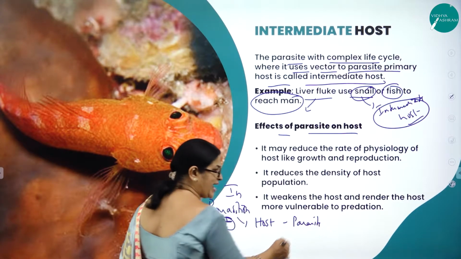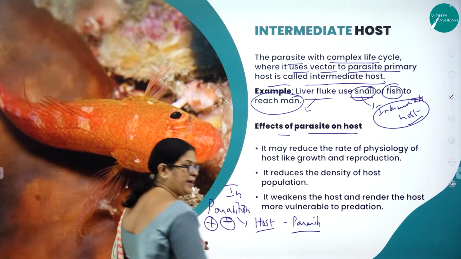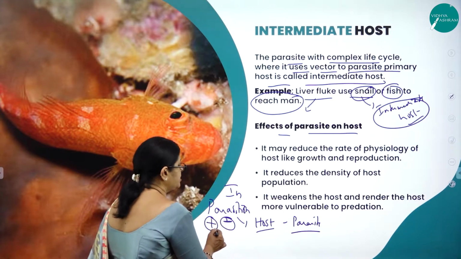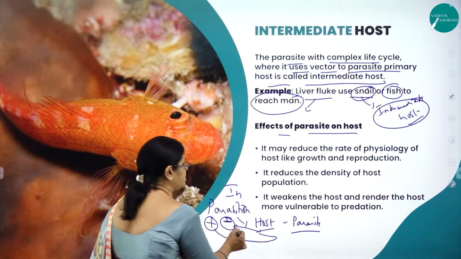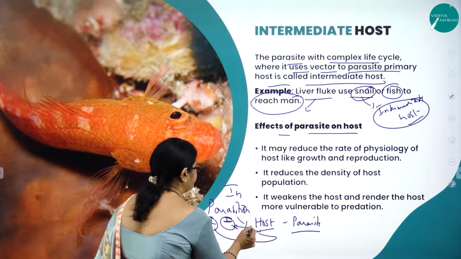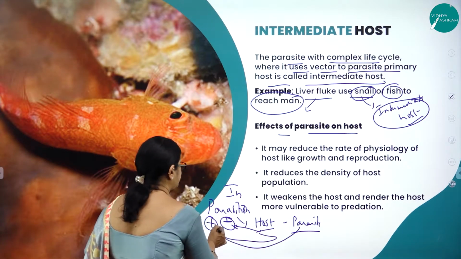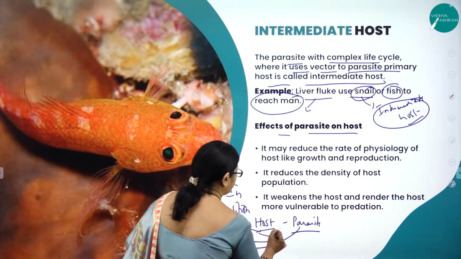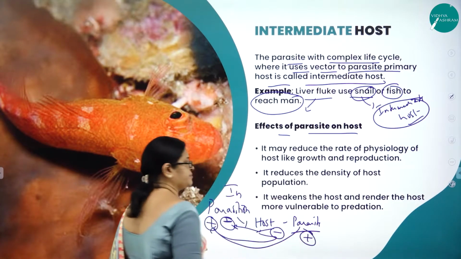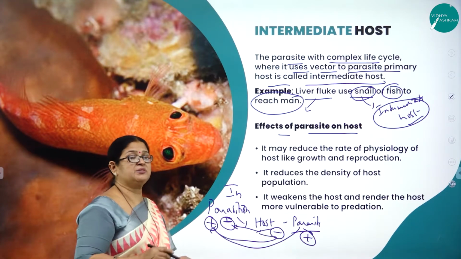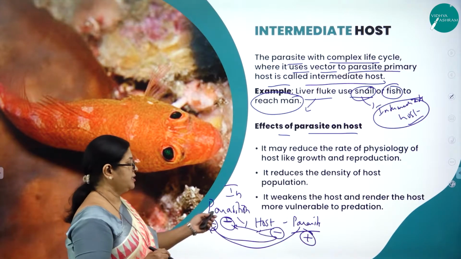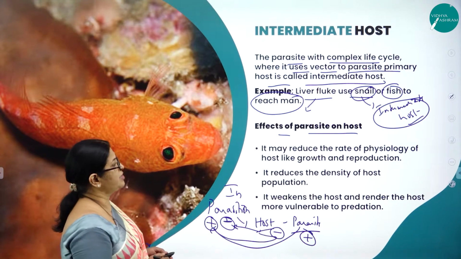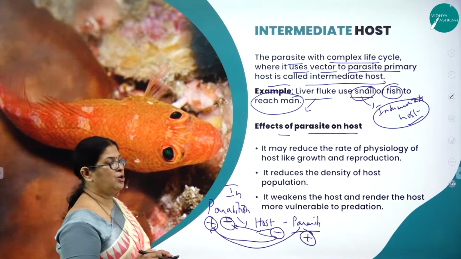So it is an interaction between a host and a parasite. Here the host is harmed, whereas the parasite is benefited. So here it is minus, here it is plus. The parasite is benefited, but the host is affected.